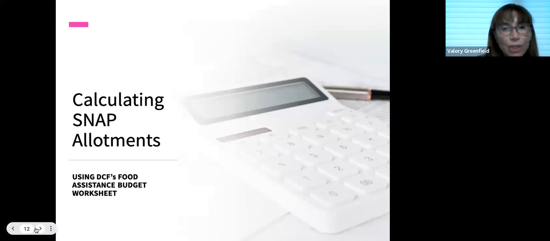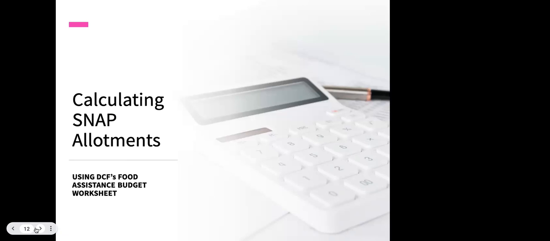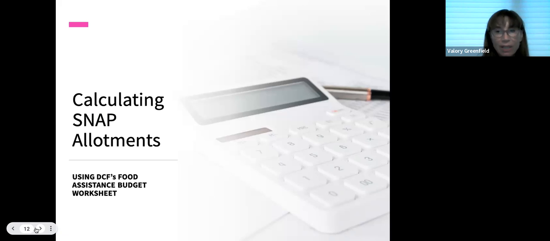So as Cindy mentioned, I'm going to start talking to you about the topic of today, calculating SNAP allotments. Generally speaking, people's food stamp benefit amounts are based on their income as compared to their expenses. Although it is a little bit more complicated than that, because what's used to actually come up with the amount is a federal formula.